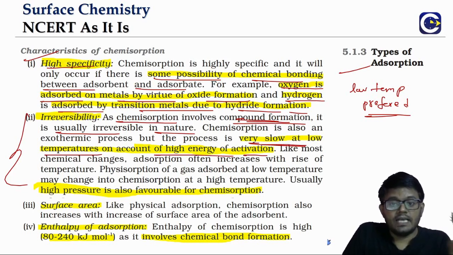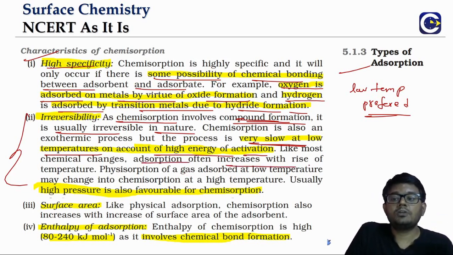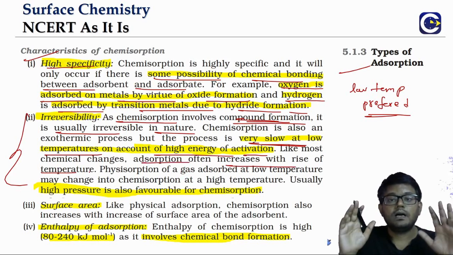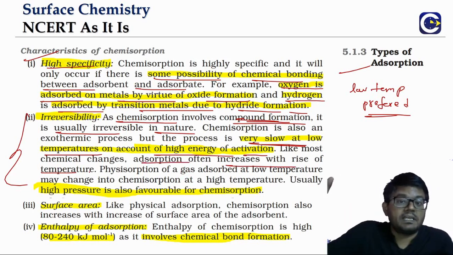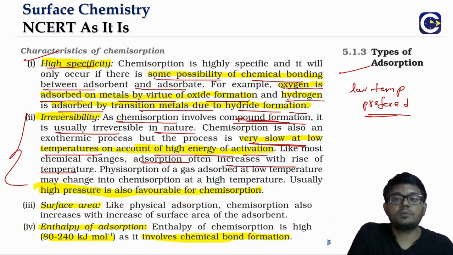Now, activation energy has to be supplied by increasing temperature, right? So what we see is initially the adsorption will increase with the rise of temperature, but ultimately if you keep on increasing temperature, it will decrease again. So for chemical adsorption, we might see a trend like this.